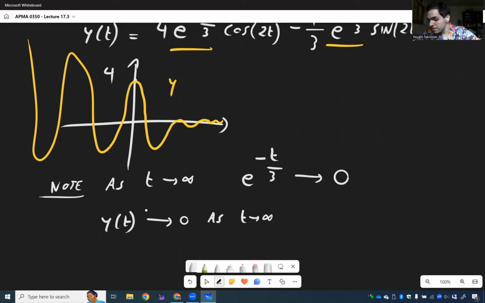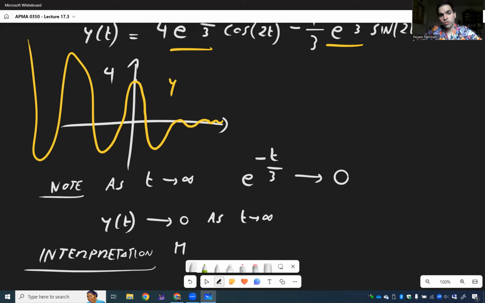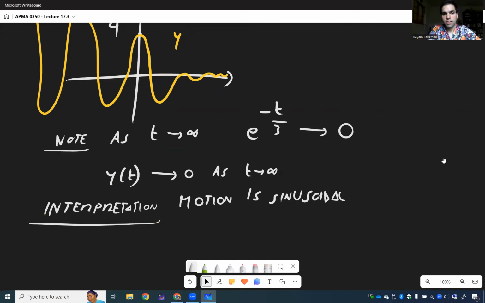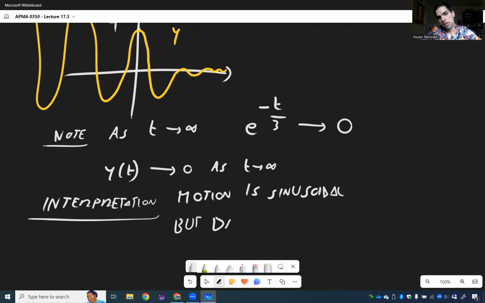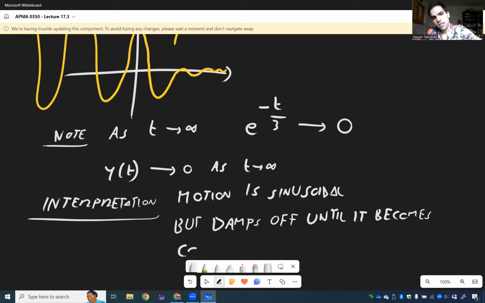And the interpretation of this here is that the motion is sinusoidal, but it damps off until it settles in the limit.